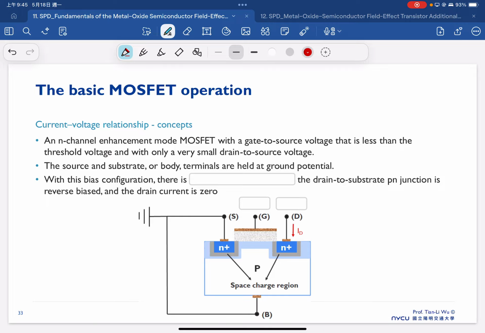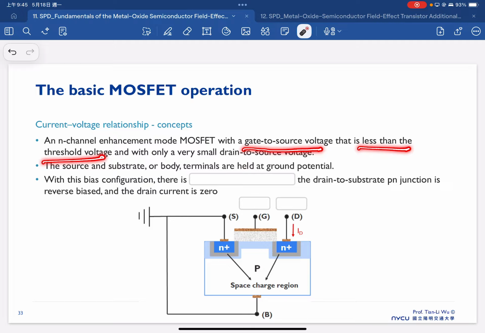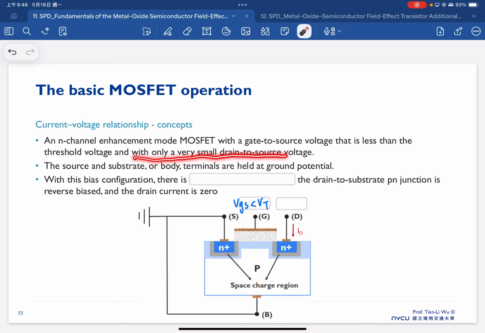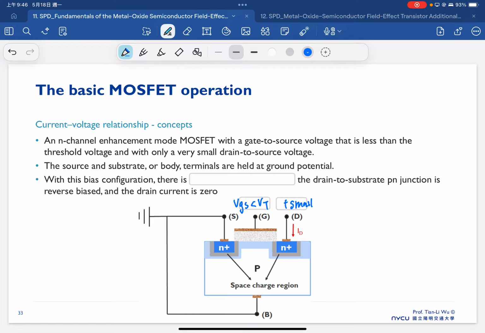As for an N-channel enhancement MOSFET with a gate-to-source voltage that is less than the threshold voltage, which means we consider our VGS smaller than the threshold voltage, and also at this moment we consider only a very small drain-to-source voltage, which means we apply a small positive VDS here.